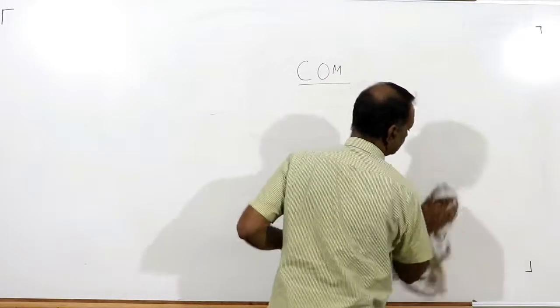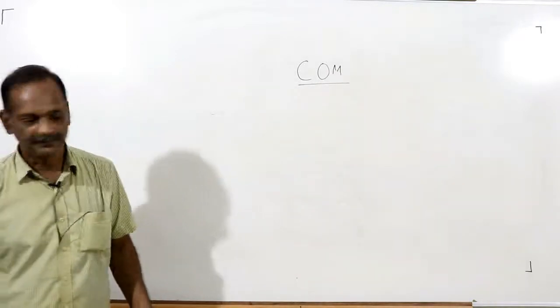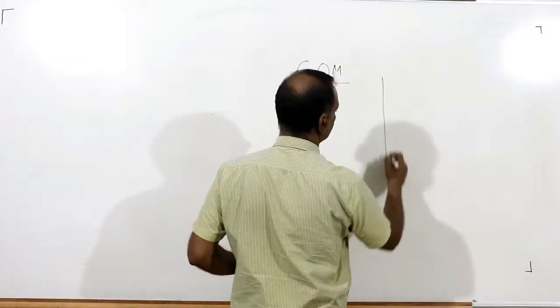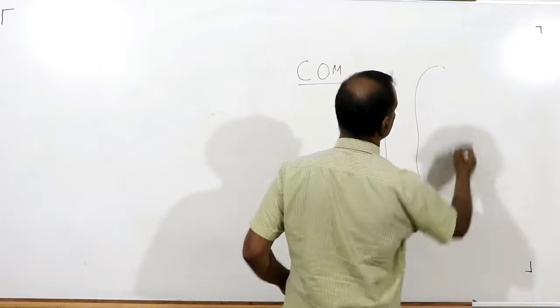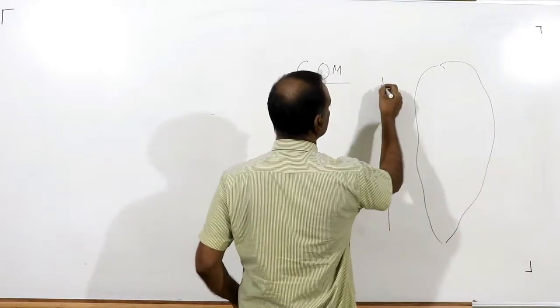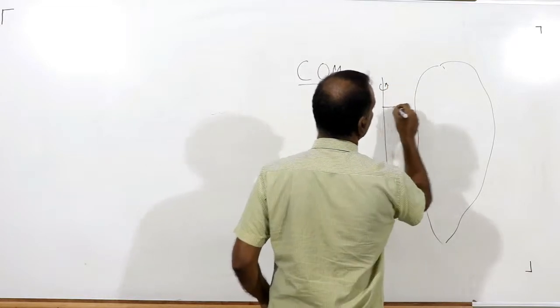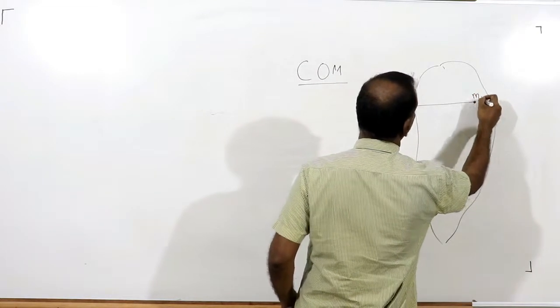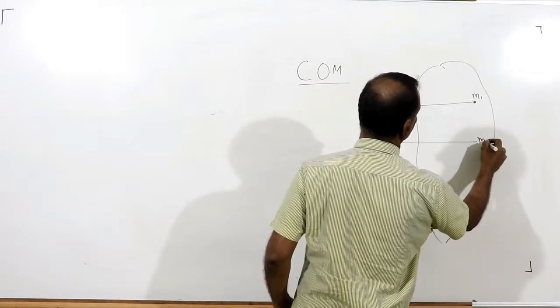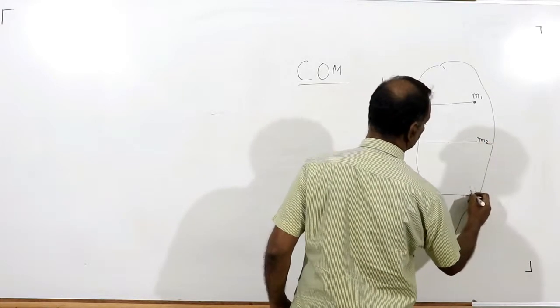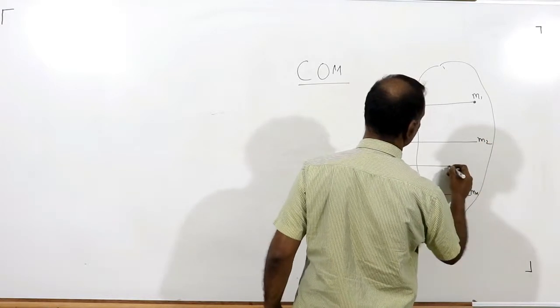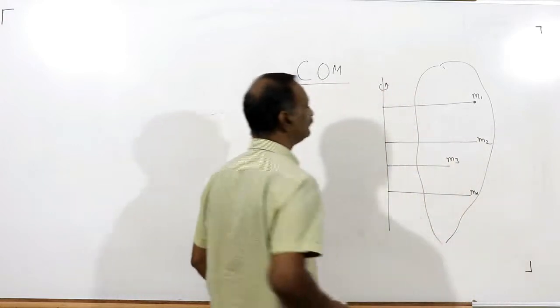First we will derive the expression for the center of mass. Suppose this is the axis of rotation, there is a rigid body, and there is a particle M1, a particle M2, and a particle M3.